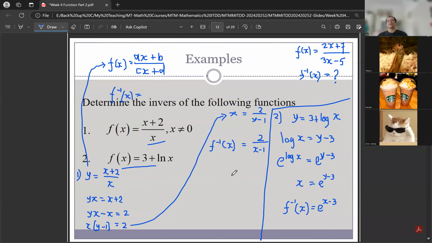Yeah, this is the answer of number 2. We have the inverse of the function in number 1 and number 2.